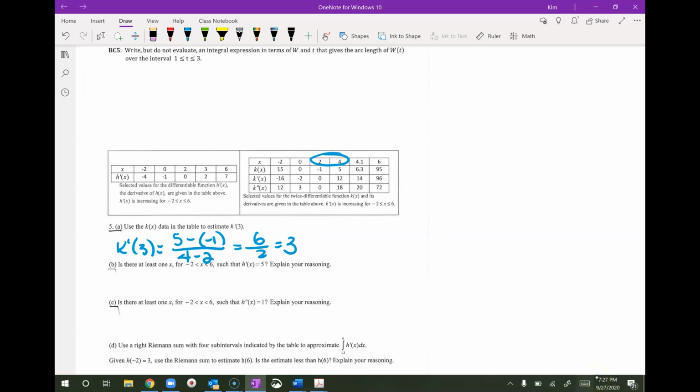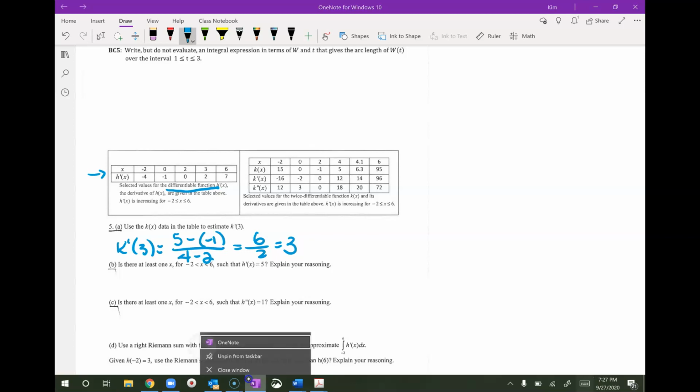Is there at least one x from negative 2 to 6 such that f prime of x equals 5? So we're still on k, or excuse me, h. There we are. Okay, and what do we know about this? This is a differentiable function.